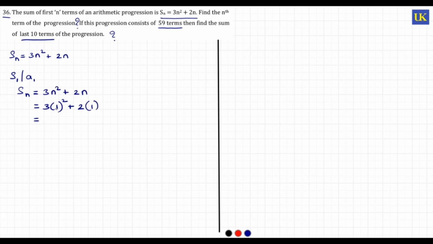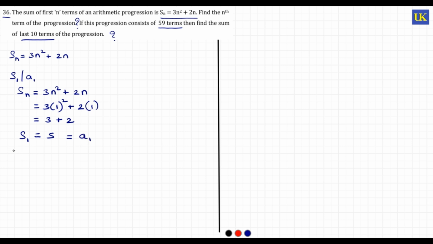So 1's square is 1, 1 into 3 is 3, plus 2 into 1 is 2. So what I'm getting is 5. So this is nothing but S1, and it also means that it is A1, right?